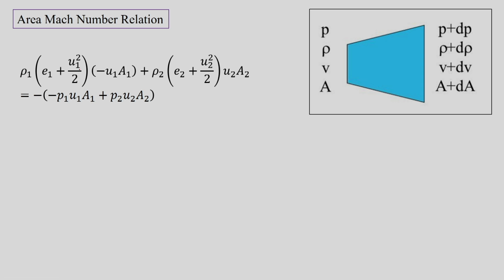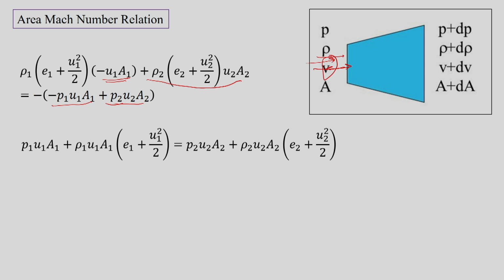So, rho 1 into (e1 plus u1 square by 2) into minus u1 A1 is for the inlet of this domain, where the minus sign tells that the velocity vector and the area vector at the inlet are opposite to each other. Similarly, this term belongs to the same energy flux at the outlet. This is pressure into area into velocity at the inlet, and this is pressure into area into velocity at the outlet.